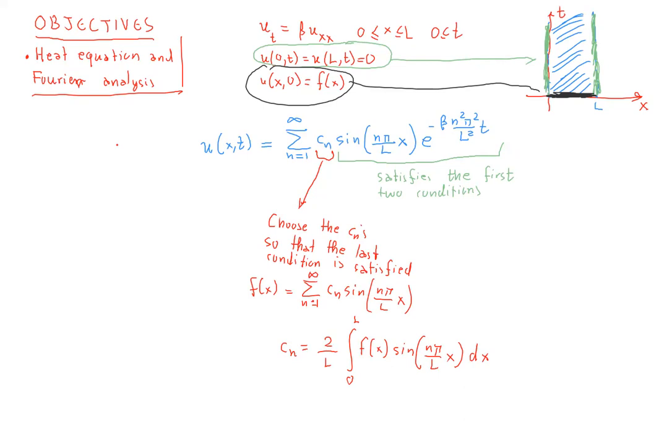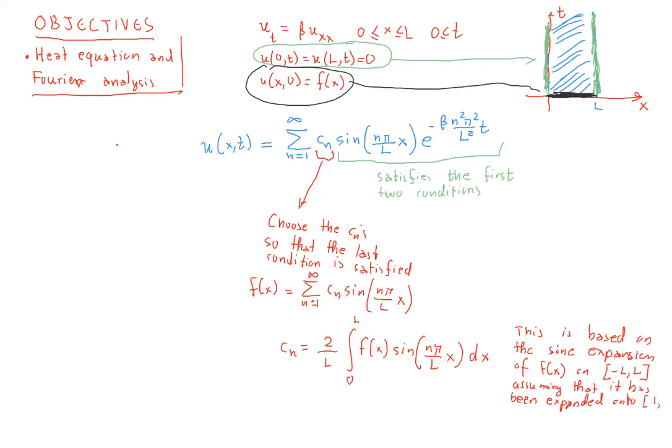And the idea here is that this is based on the sine expansion of f of x on the interval from negative L to L, assuming that it has been expanded onto negative L to 0, because look, the function f of x is initially given where?